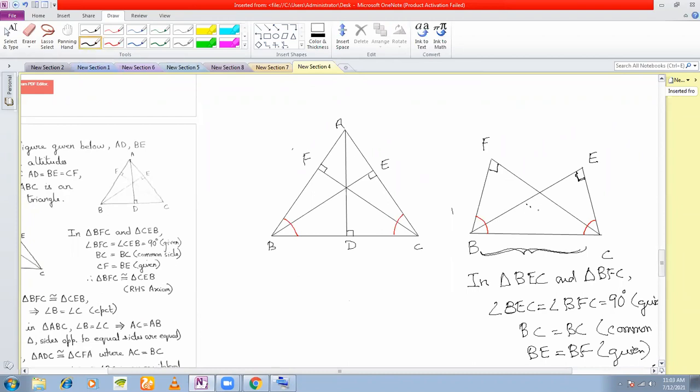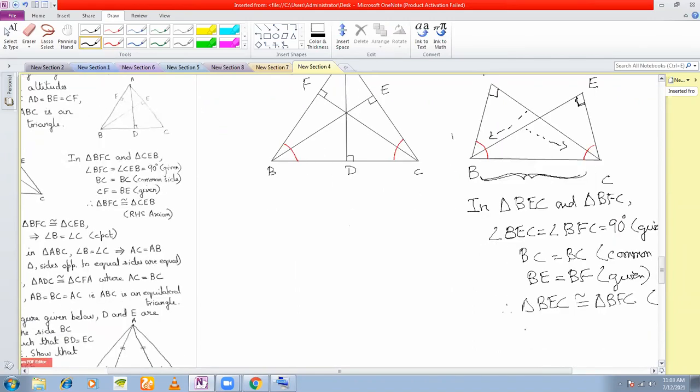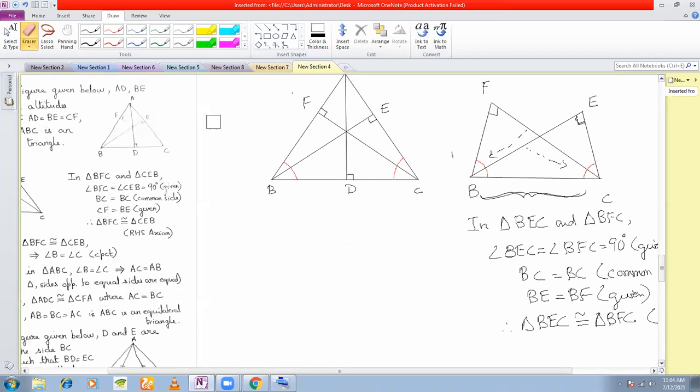Why? Because opposite to this side you have this angle, and opposite to this side you have this angle, right? So therefore I can say angle B, let's write the full thing. Angle FBC is equal to angle ECB.